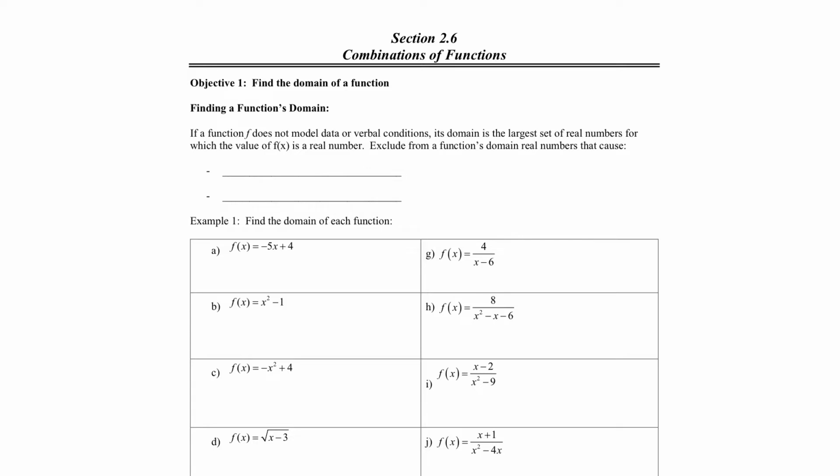And at this point, before we get to chapter 4, the only two things that we're going to be concerned about are division by zero. So we're going to exclude from a function's domain real numbers that cause division by zero, and taking even roots of negative numbers.